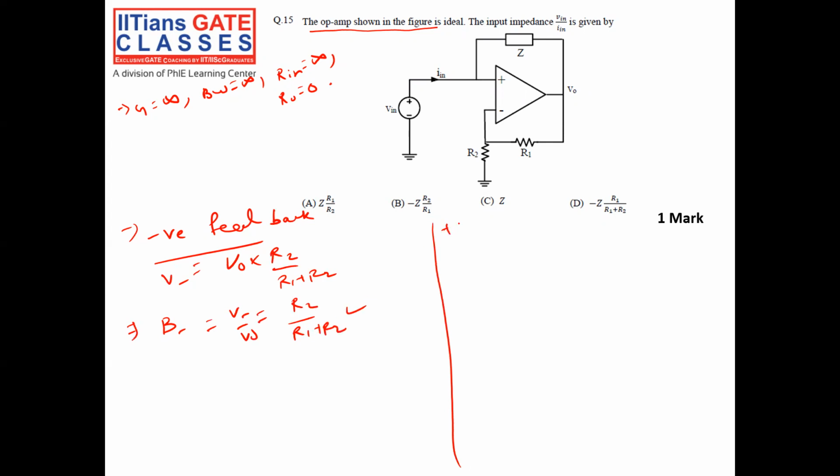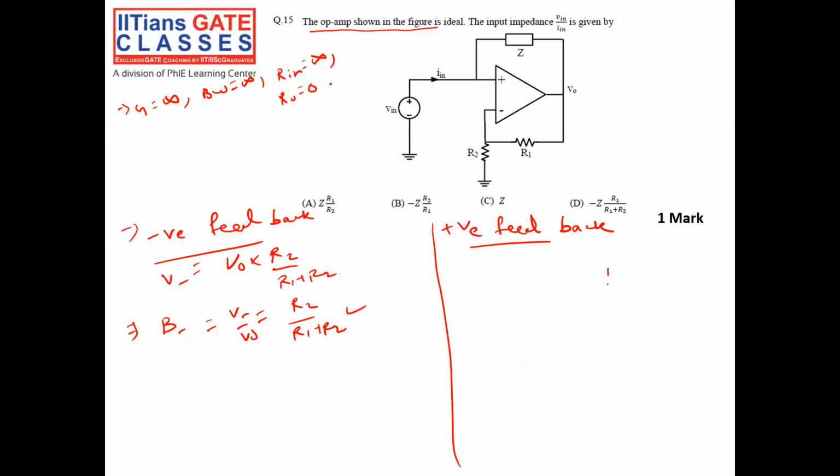What is the positive feedback factor? You see, there is a feedback from output to positive, and whenever I want to calculate the positive feedback or negative feedback, I have to short the input.